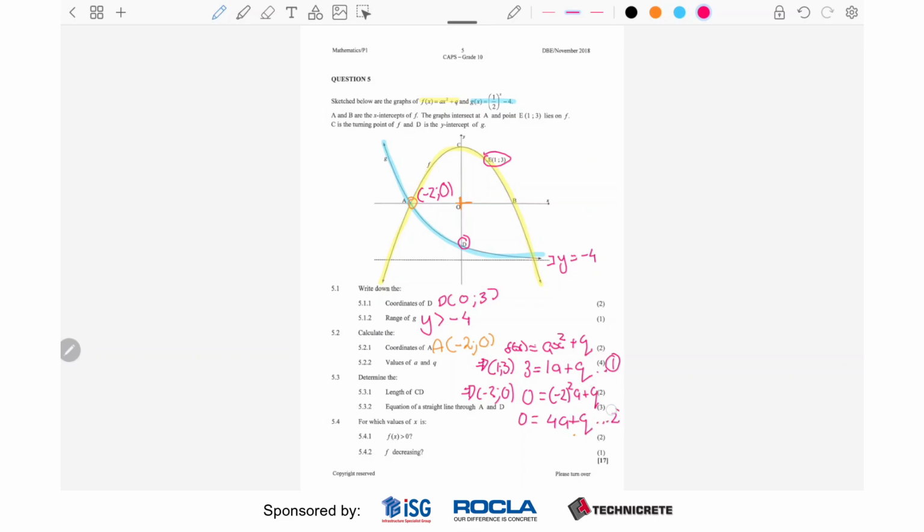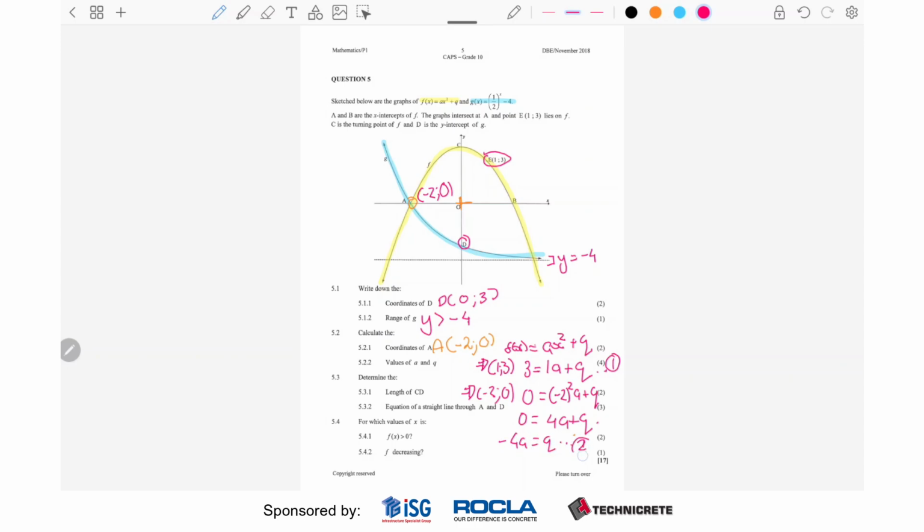And that will be equation 2. Oh wait, we can actually do something better. We can take the 4a to the other side. That will mean negative 4a is equal to q.